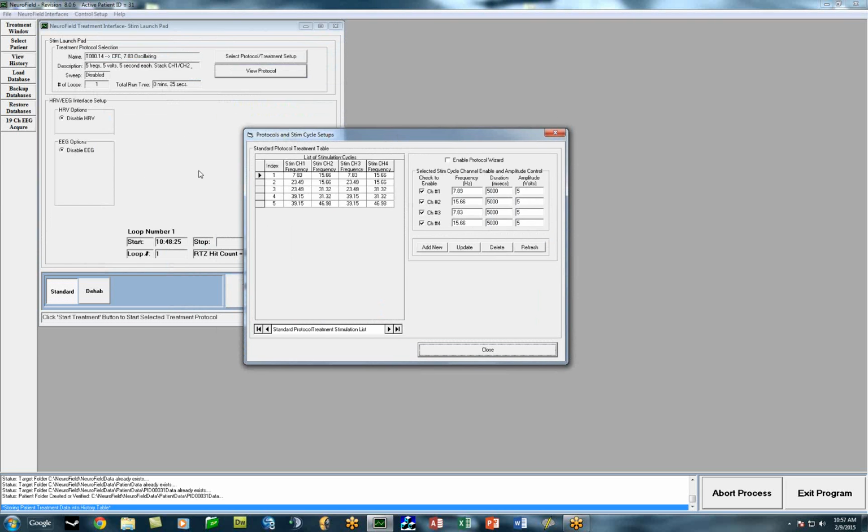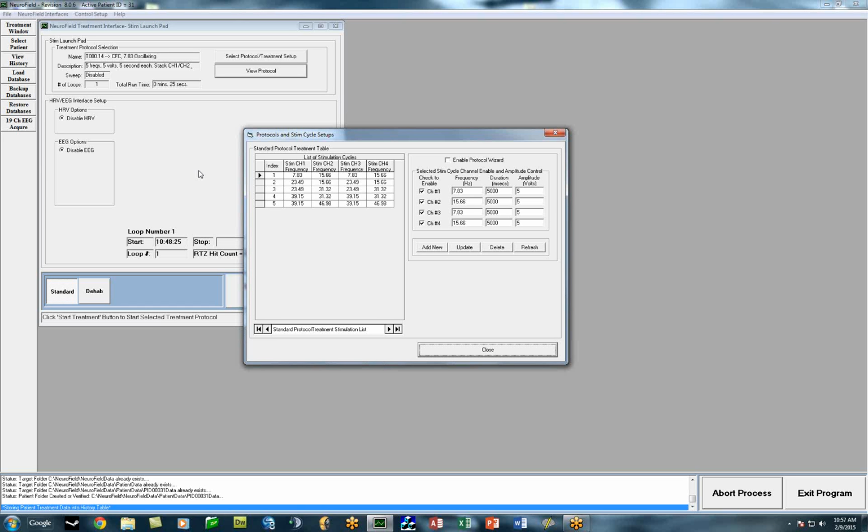And what this one does is it rings out through the Schumann harmonic. So if we were to actually scope a 7.83 stimulation in NeuroField, you'd see a ringing harmonic that's going to be each one of these numbers: 15.66, then 23.49, then 31.32, then 39.15, and eventually 46.98.